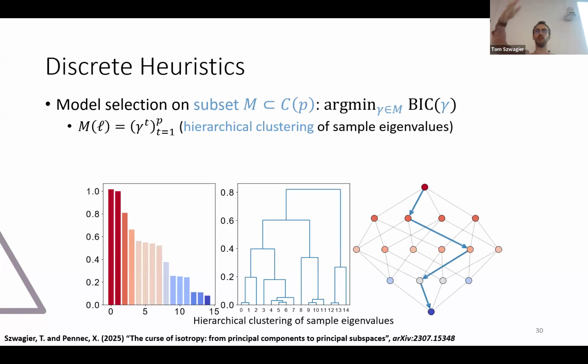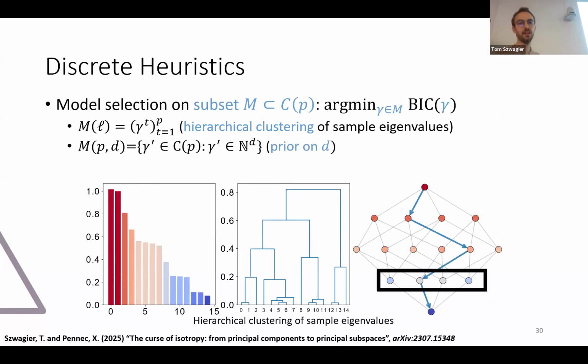It will lead to a hierarchical family with decreasing complexity. You can also generate it by putting a prior on the number of distinct eigenvalues. And in both cases, we manage to find a strong asymptotic consistency result, in the sense that almost surely, when the number of samples is large enough, our two heuristics will select the true model.